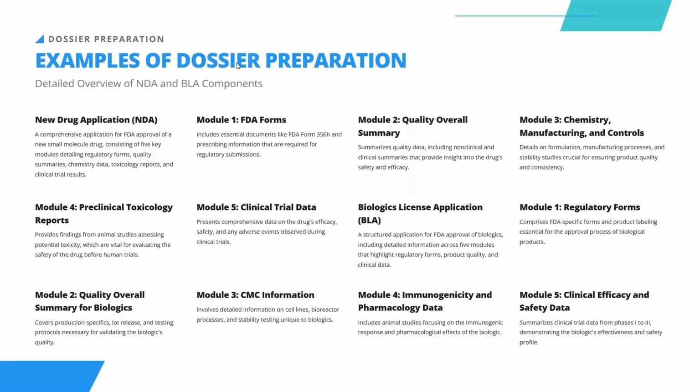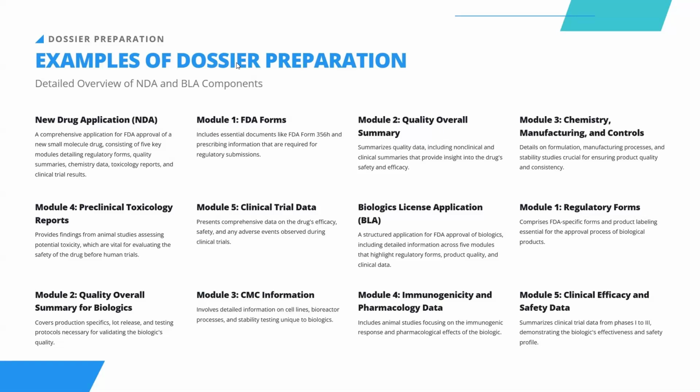We have talked about two types of applications: an NDA application and a biologics license application. In a new drug application, a comprehensive application for FDA approval of a new molecule drug consisting of 5 key modules detailing regulatory forms, quality summaries, chemistry data, toxicology reports, and clinical trial results needs to be submitted. In module 1, you have to include FDA Form 356h and prescribing information that are required for regulatory submissions.